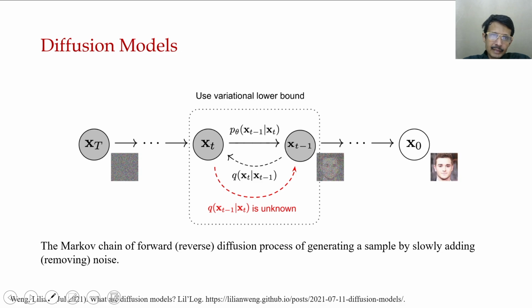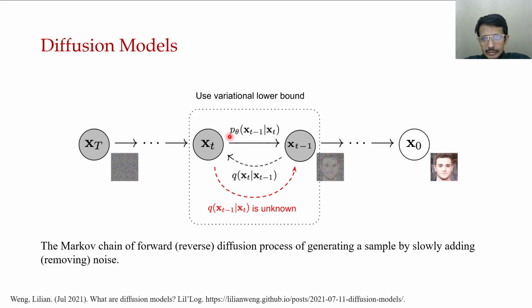Let's see. Here is the same diagram, just for recall. This is the reverse direction: we start from the noise x T and keep on denoising, going from x t to x t minus 1. Since this is unknown, we try to find this p theta.